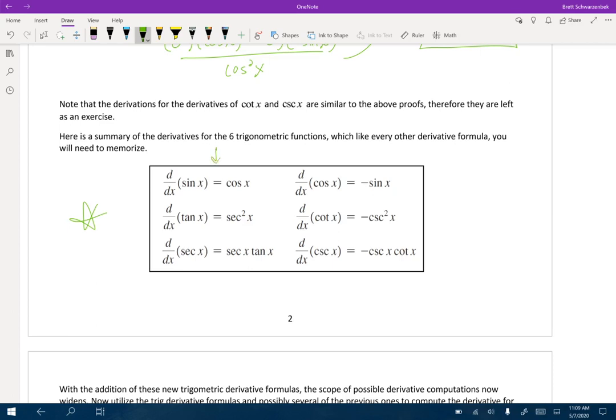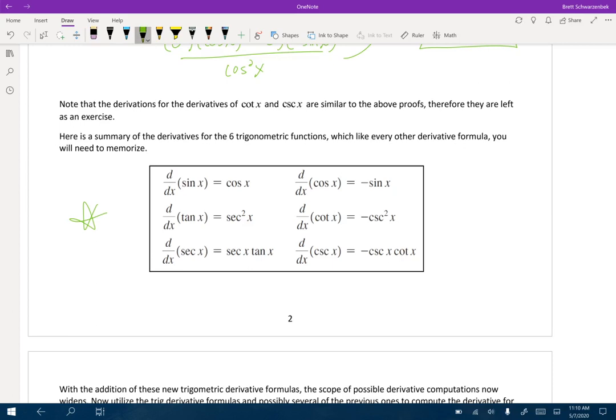Why? Because if you match these by their cofunction, so sine and its cofunction cosine, tangent and its cofunction cotangent, secant and its cofunction cosecant, if you memorize how they match, it's kind of a pattern that develops. So for instance, the derivative of sine is, of course, cosine, right?